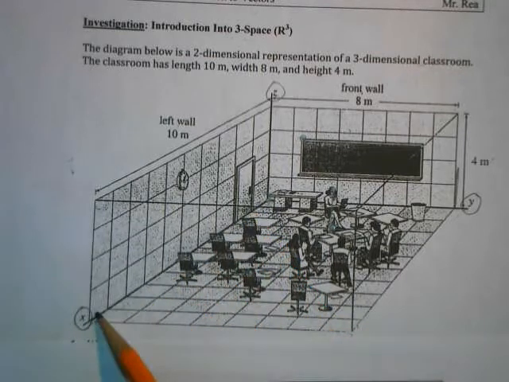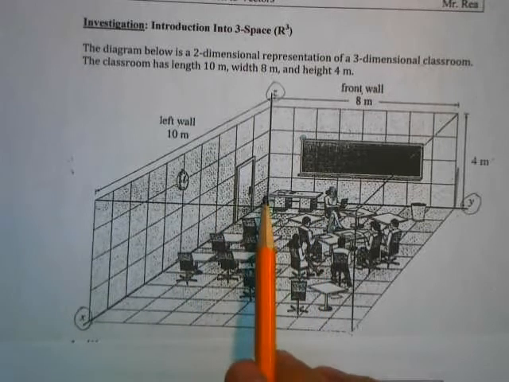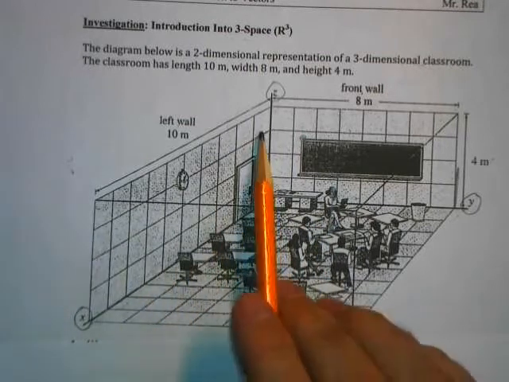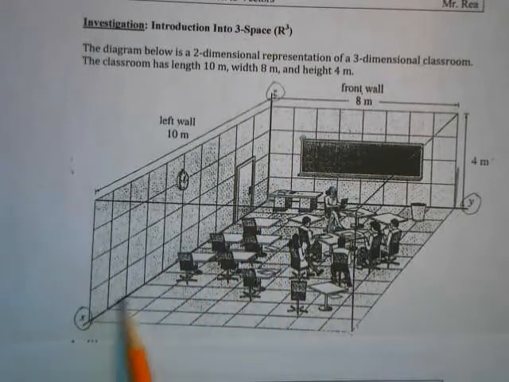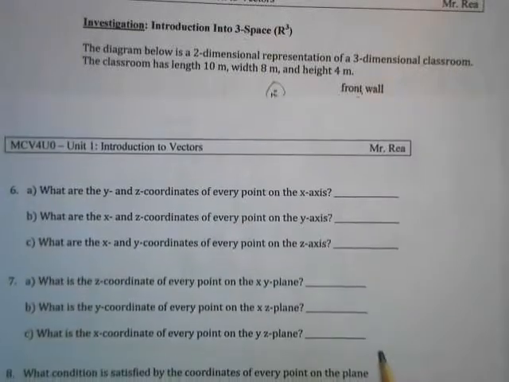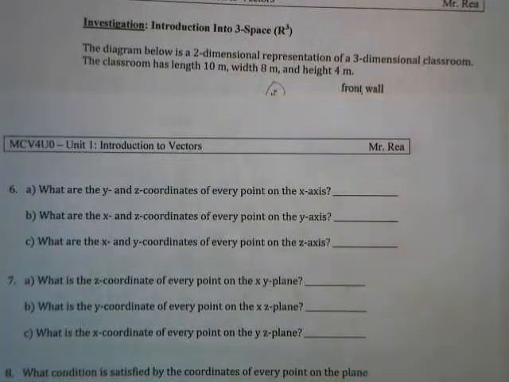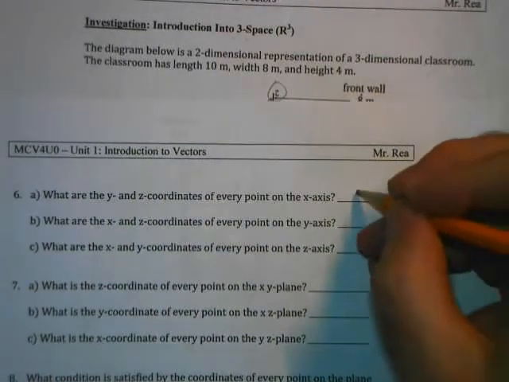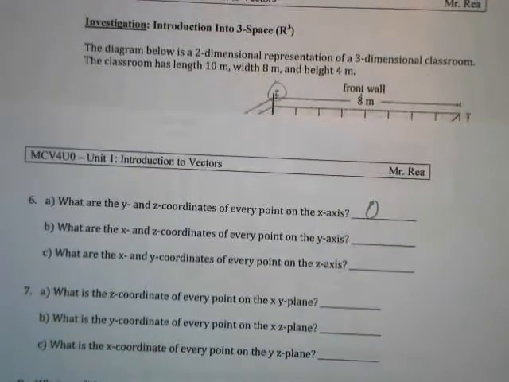Well, they're 0. In terms of left-right position, it stays at 0 the whole time. In terms of vertical position, it stays at 0. So the answer to the question is the y and z coordinates along the x-axis are always 0.